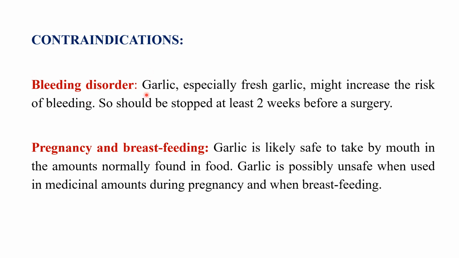First, for patients who have bleeding disorders, garlic, especially fresh garlic, might increase the risk of bleeding because of its antithrombotic effect. So it should be stopped for patients with bleeding disorders or receiving anticoagulant medication, and also for patients going to have surgery, because its antithrombotic effect could increase the risk of bleeding during surgery, so it should be stopped at least 2 weeks before the surgery.